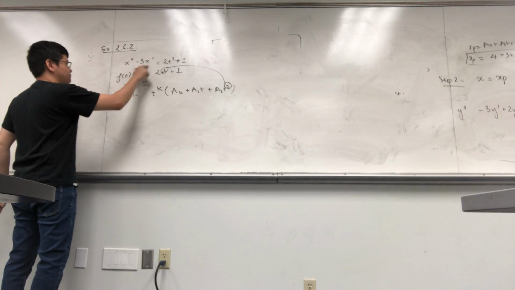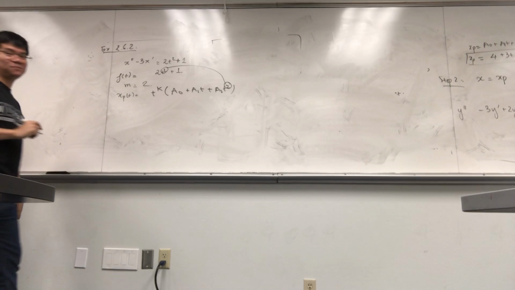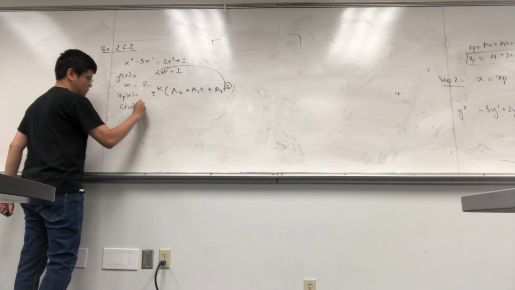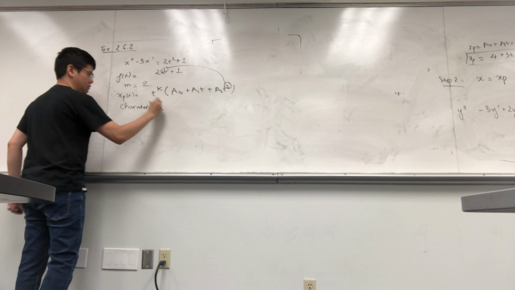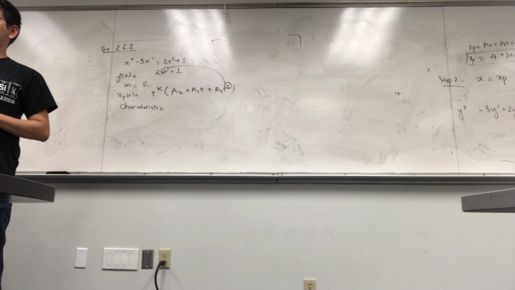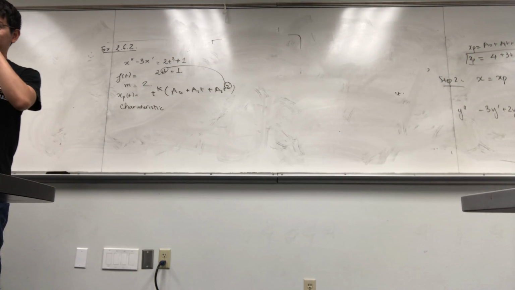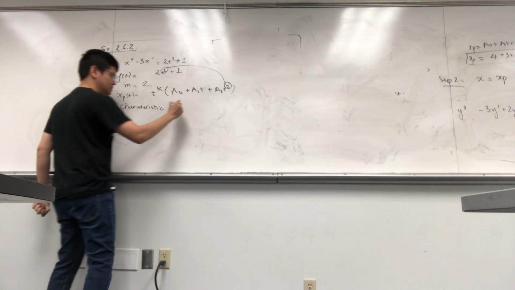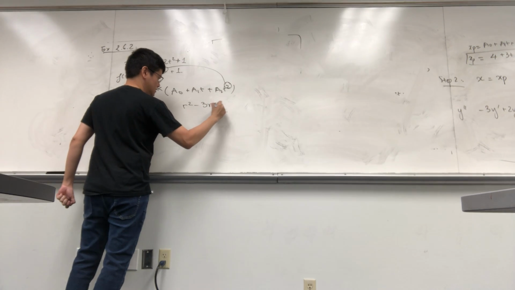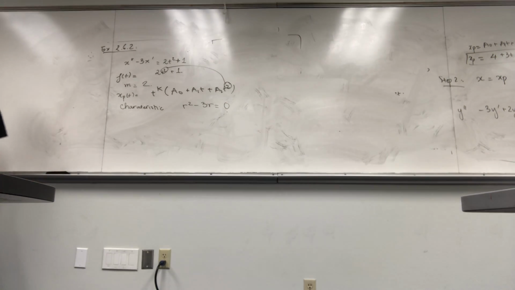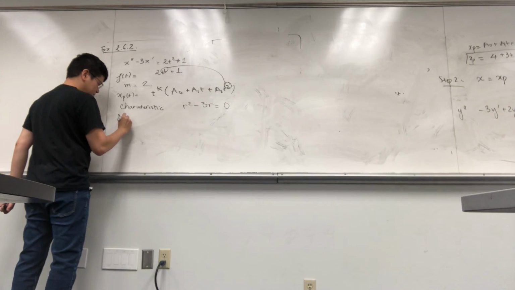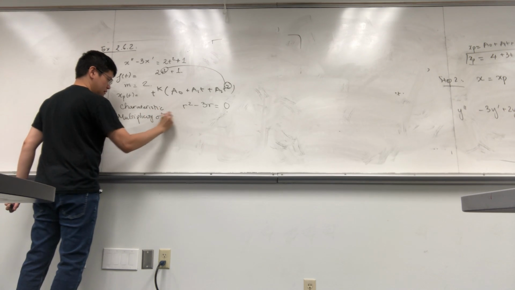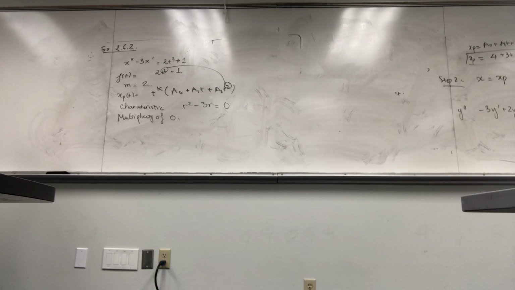Now you have x double prime minus 3x prime. What is the characteristic polynomial? Yes, r squared minus 3r equals 0. What is the multiplicity of 0?